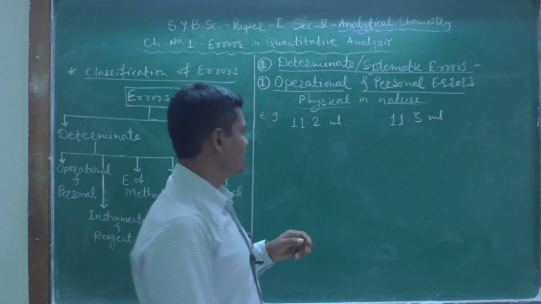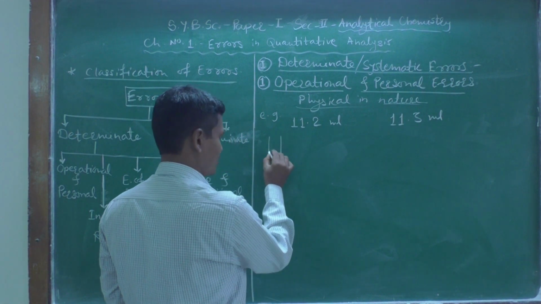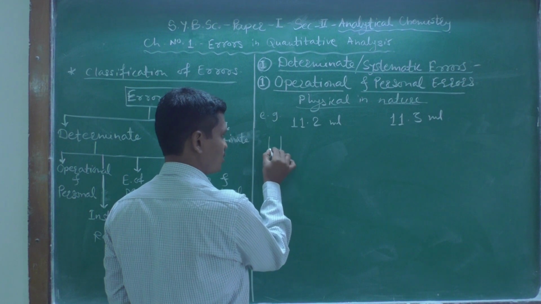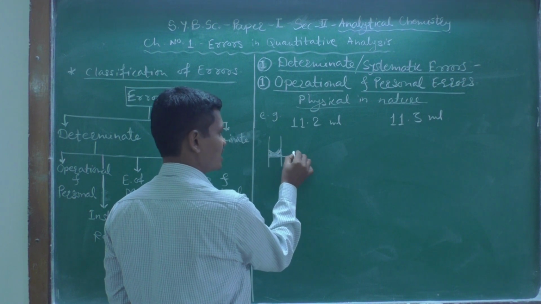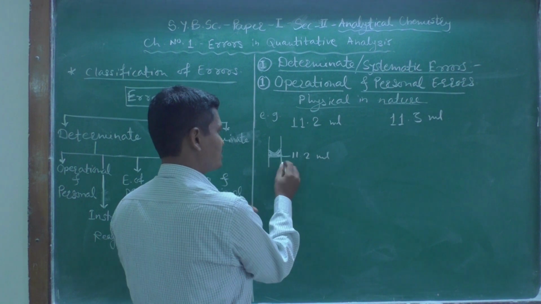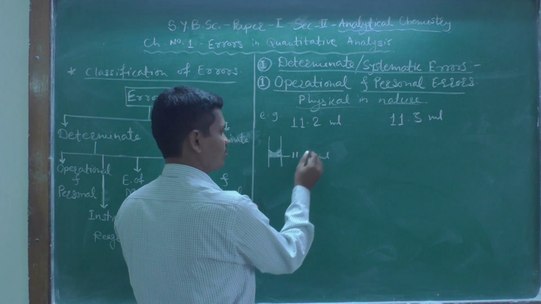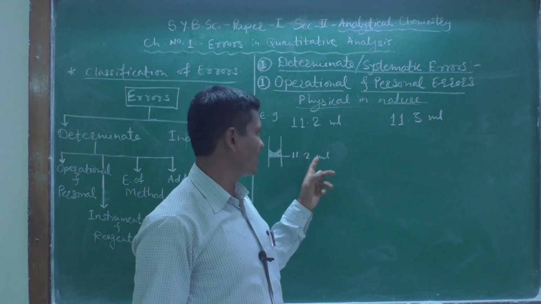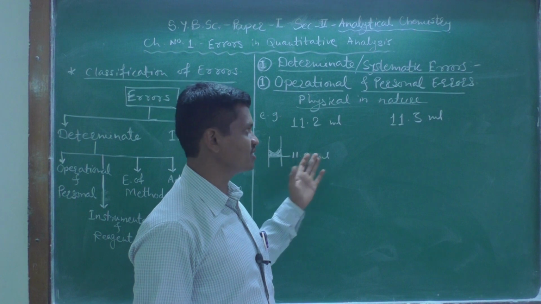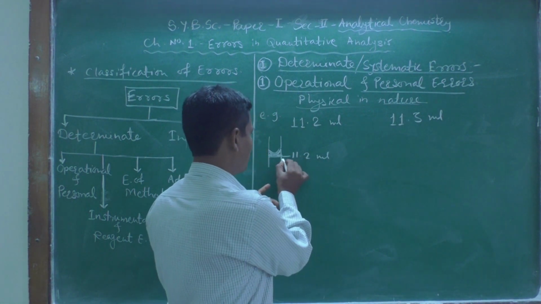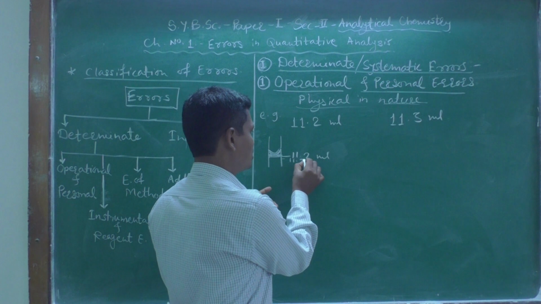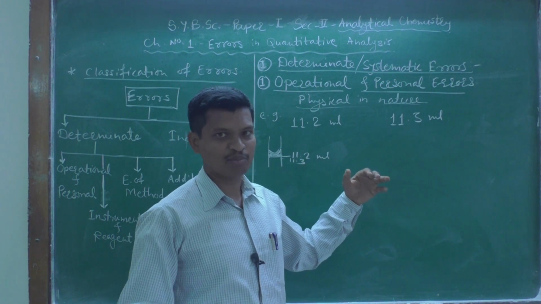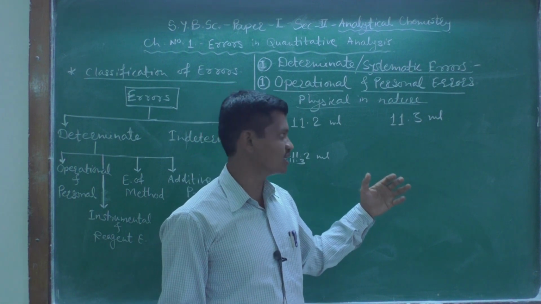Okay, means in the case of the burette, the meniscus of the solution is coinciding with the 11.2 ml mark, but that student is taking the reading or observation as 11.3 ml, because it is very near to 11.2 ml. 11.3 ml is the observed reading by that particular student.